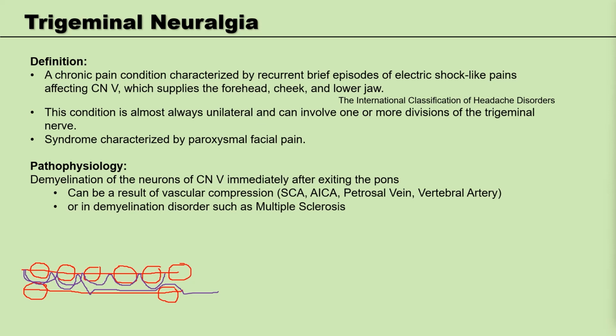Demyelination can arise from demyelinating diseases such as MS, or it can arise from vascular decompression by nearby vessels such as the superior cerebellar artery, the anterior inferior cerebellar artery, the superior petrosal vein, or the vertebral arteries. It is mostly found in biological females above the age of 50.